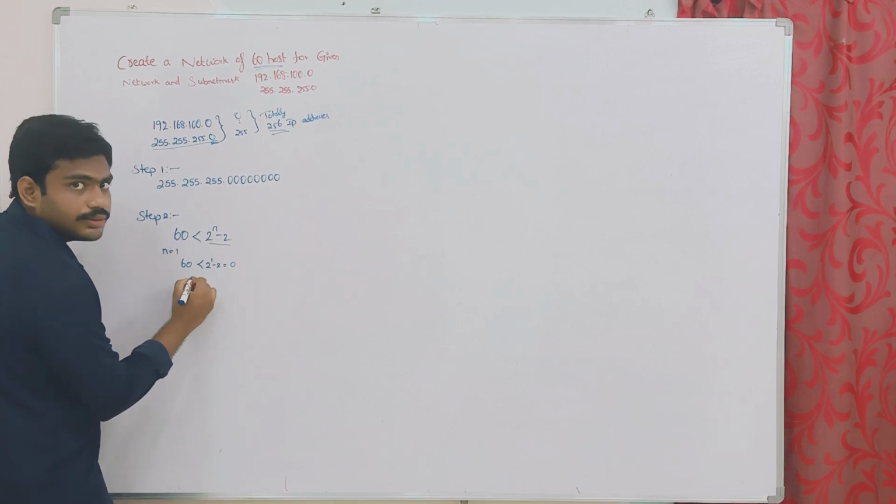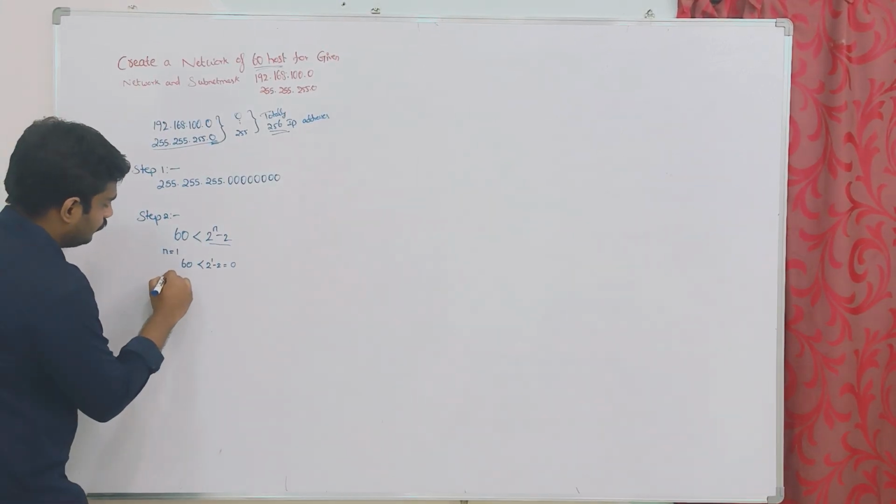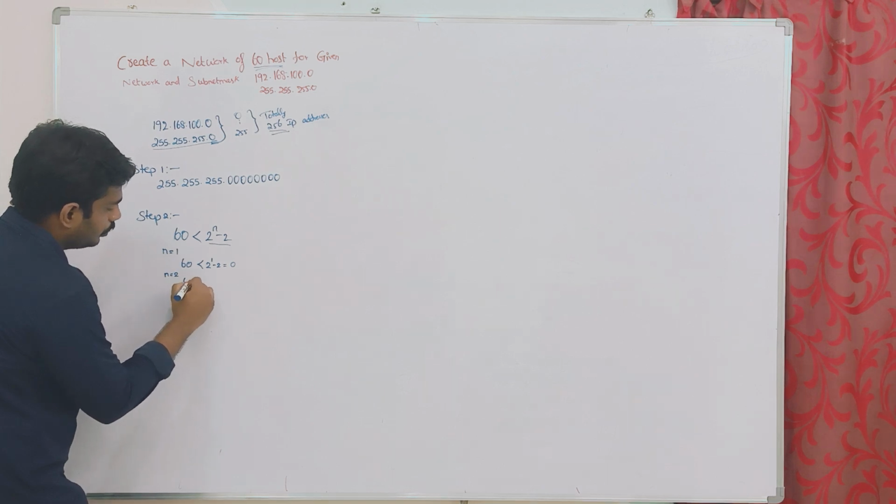Is 0 greater than 60? No. So next we will give n equal to 2.